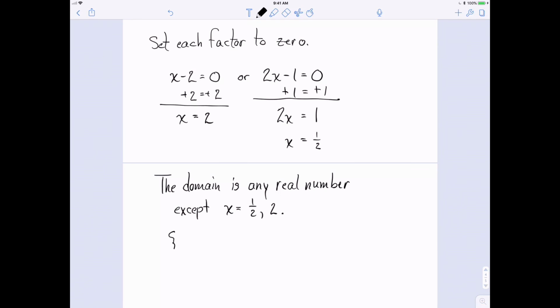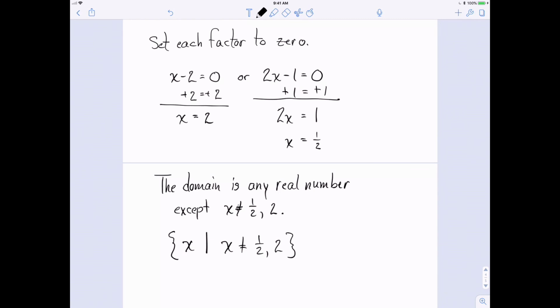And in set builder notation, we write curly bracket x such that x is not equal to 1/2, comma, 2, curly bracket, and we're done.